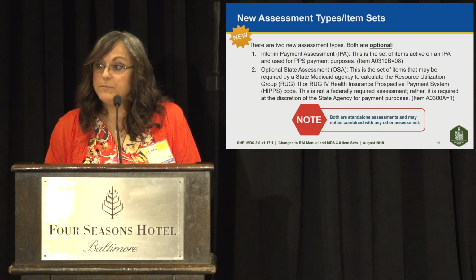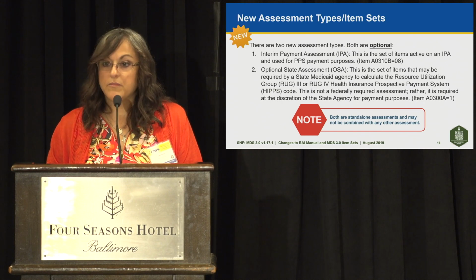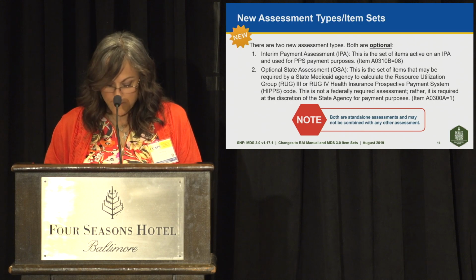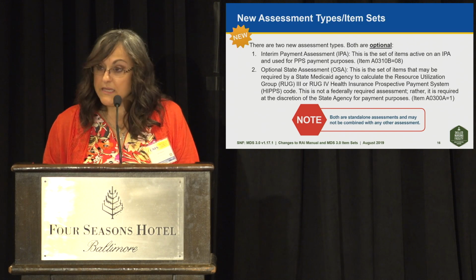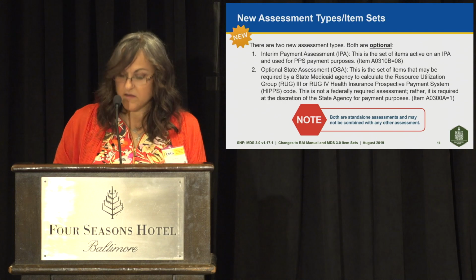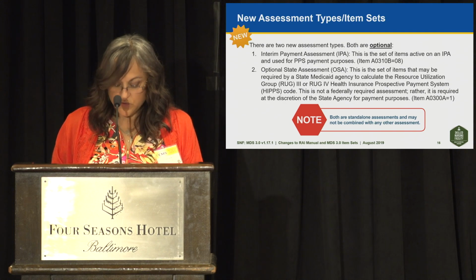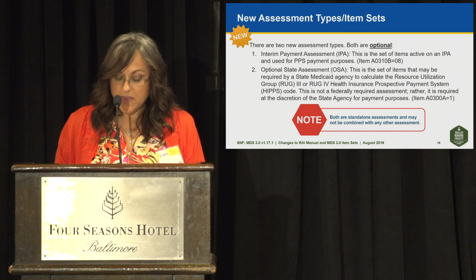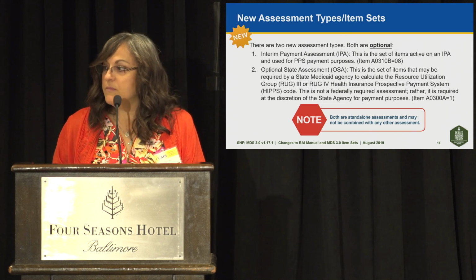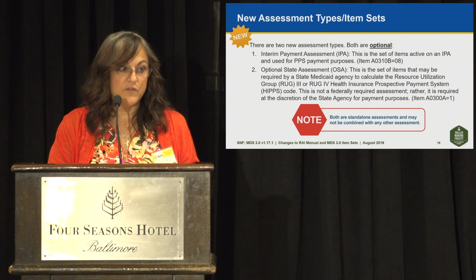If providers opt to use this assessment, remember it's totally optional, it must be completed at Z0500B within 14 days after the ARD, and it needs to be submitted within 14 days of completion. You do need to be aware that if you complete the IPA, you are going to change payment for the rest of the SNF PPS stay for that resident.